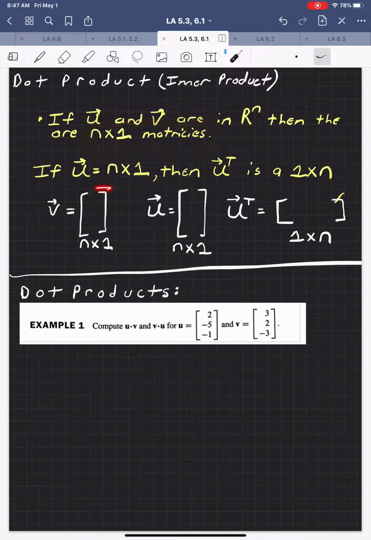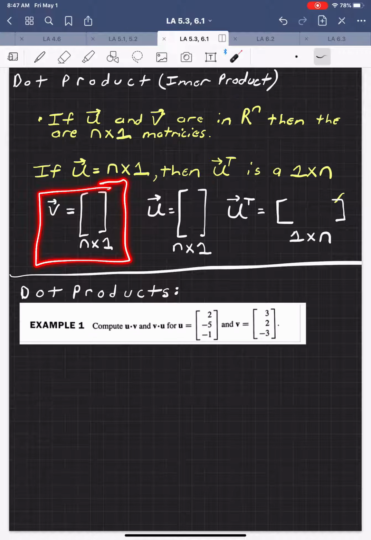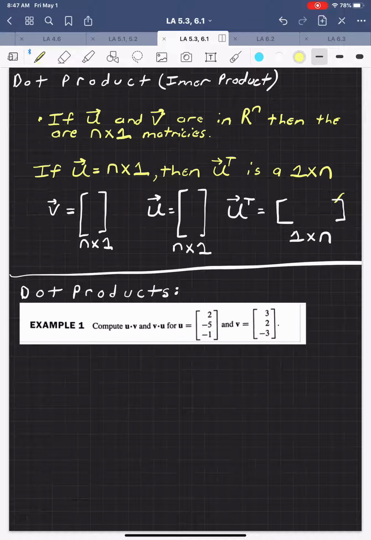So that's kind of what you're seeing here, some n by 1 matrix.